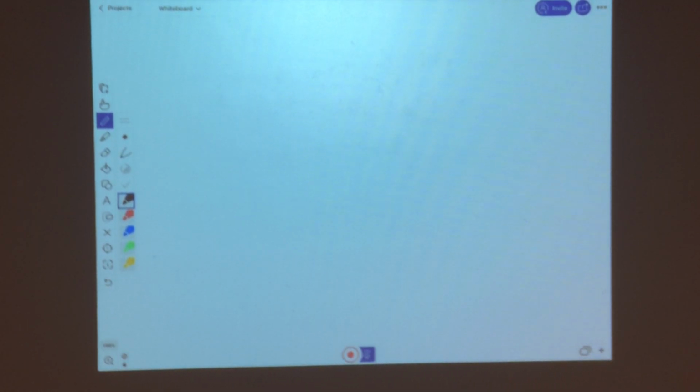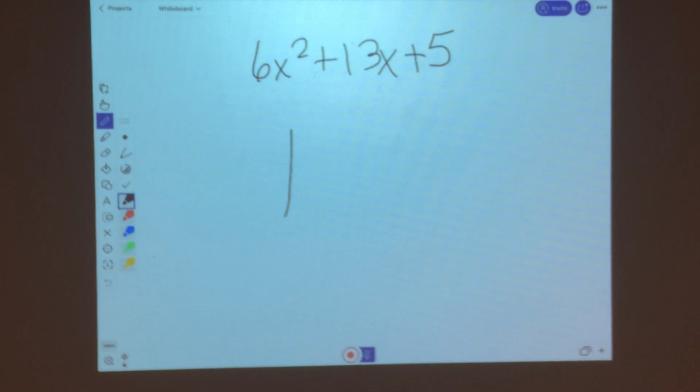So the next problem in your notes. We're going to look at one that's a little bit easier to see if this will help you understand this a little bit more. It's 6x squared plus 13x plus 5. So this one is already in your notes. What I do, again, is start that box.